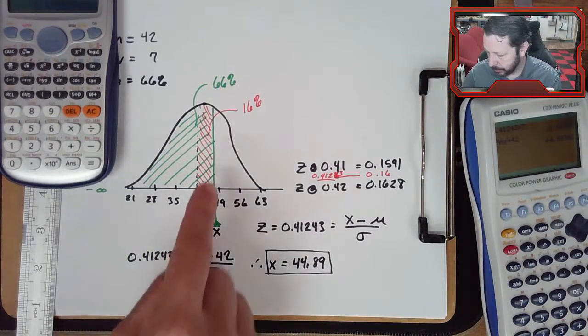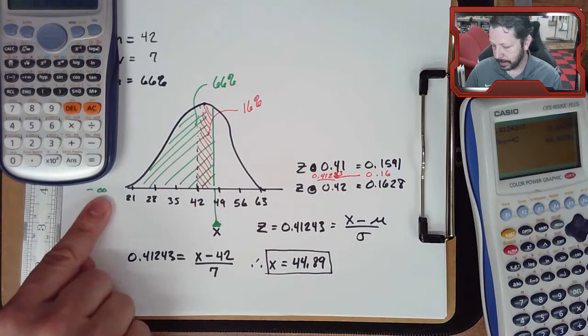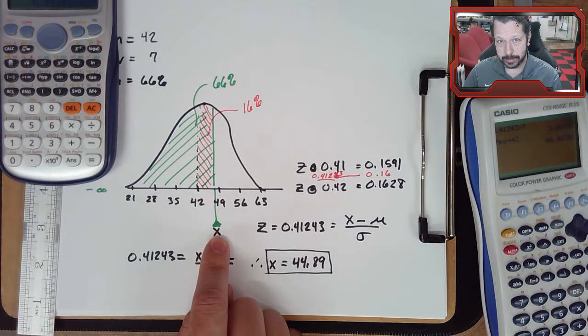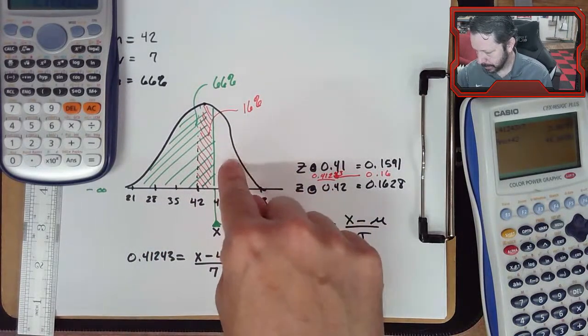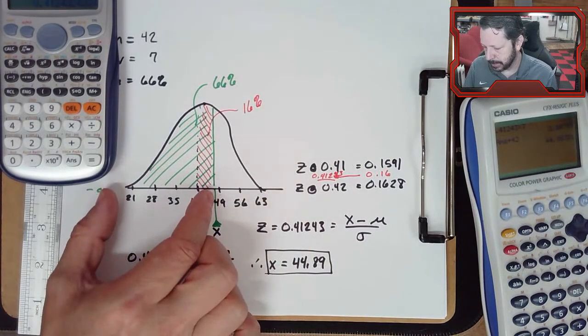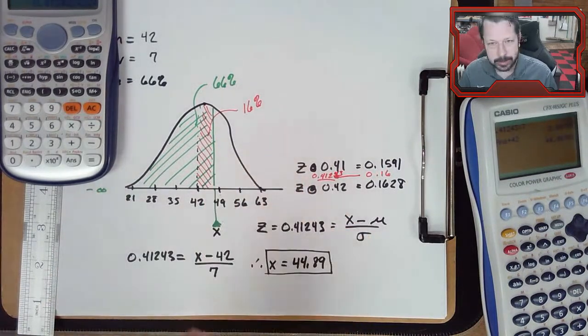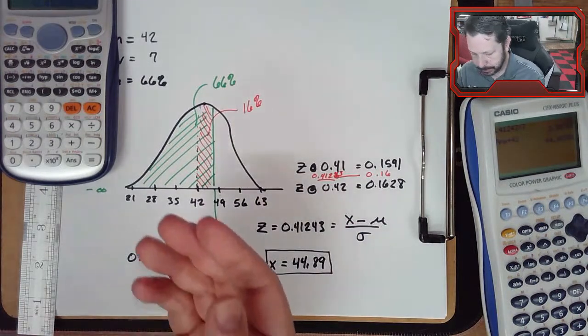CDF gives you the area under the curve, so that's the cumulative density function, but it goes from negative infinity over to whatever value x you give it. So sometimes you'll have to figure out, like if you wanted to know this area, then you'd have to do 1 or 100% minus the CDF to get this area. And then the PPF does the opposite.